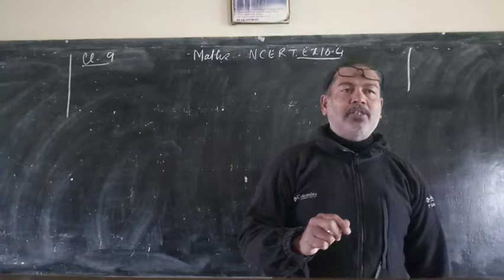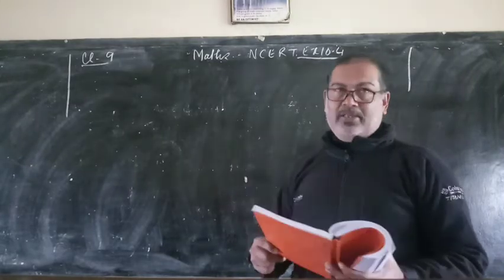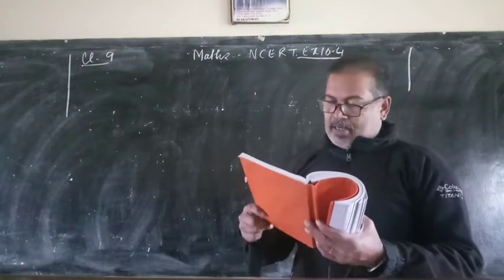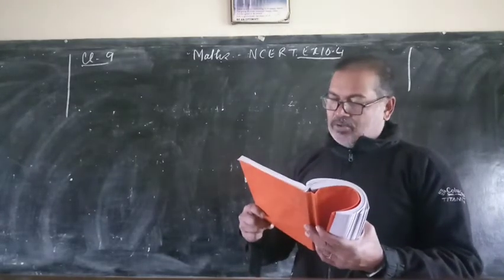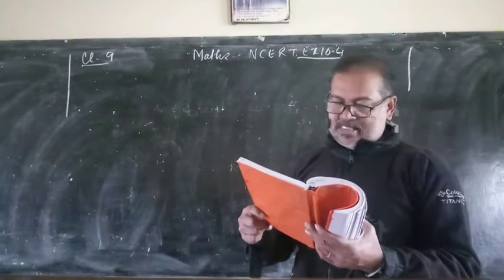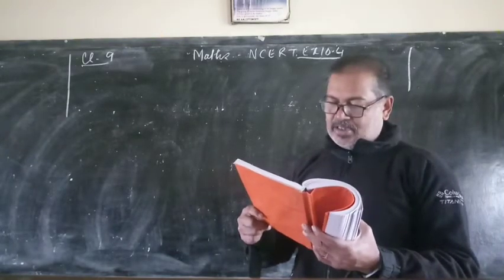exercise 10.4 of the NCERT book. In this question, it is mentioned that a circular park of radius 20 meter is situated in a colony. 3 boys, Ankur, Sayyad and David, are sitting at equal distances on the boundary, each having a toy telephone in his hands to talk to each other.